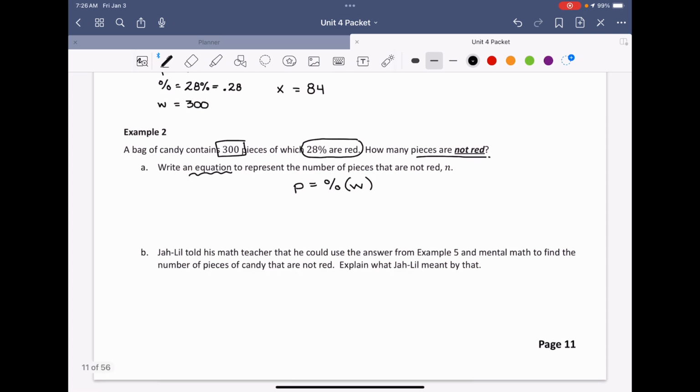Well, we can't use this 28% here because we know 28% are red. But we can figure out how many are not red by subtracting. So 100 minus 28 would tell us that 78% of the pieces are not red.